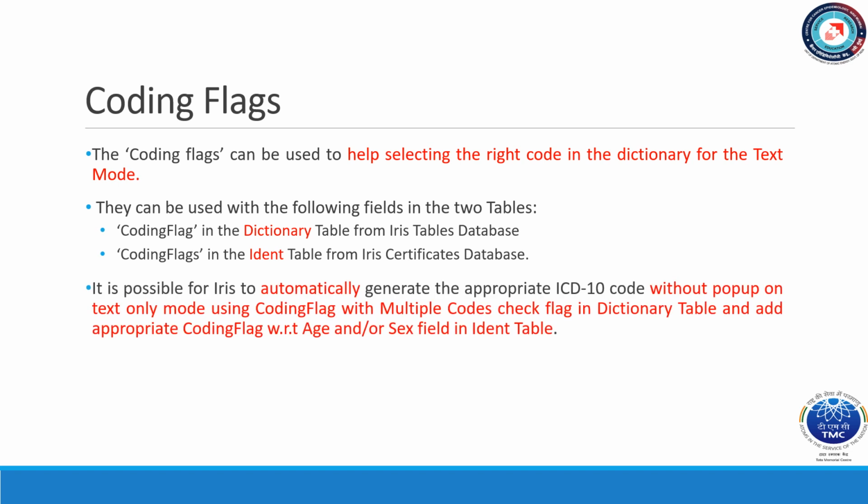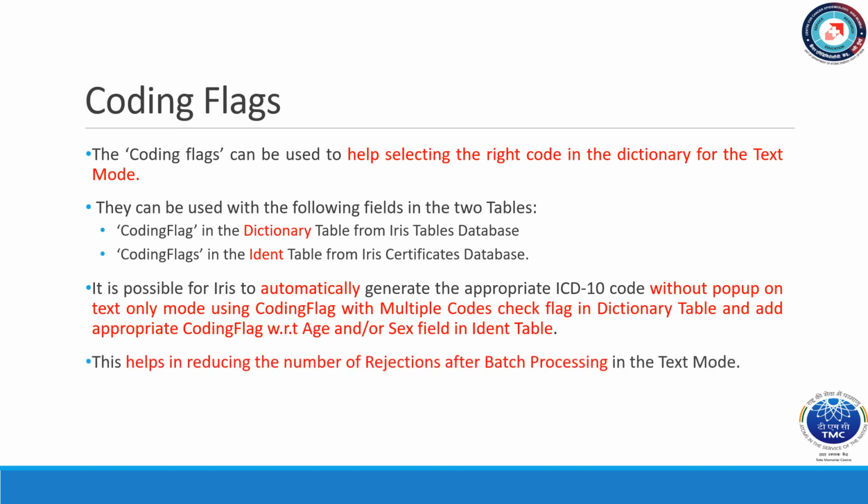It is possible for IRIS to automatically generate the appropriate ICD-10 code without pop-up on the text-only mode using coding flag with multiple codes check flag in dictionary table and add appropriate coding flag with respect to age and or sex field in the ident table.